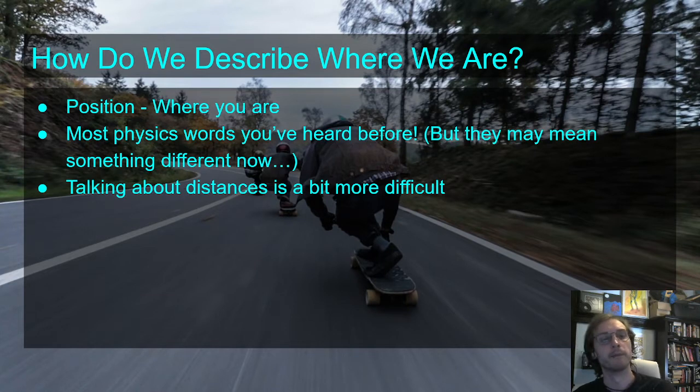Great. Distances tend to be a little more difficult because there's multiple ways to do it. An example I like to bring up is that I biked like 25 miles today, and I started at my house and I ended at my house. My roommate spent the night over at their parents' house and then came back.